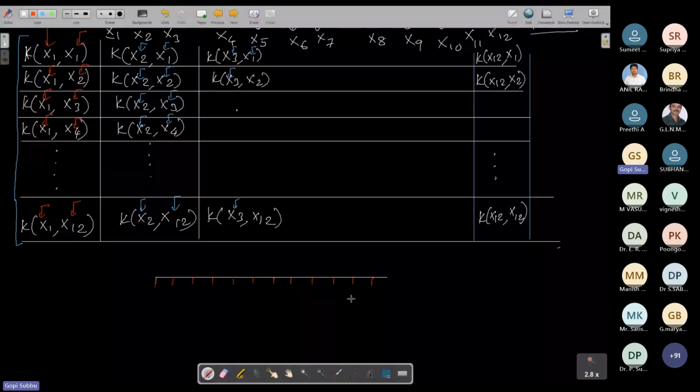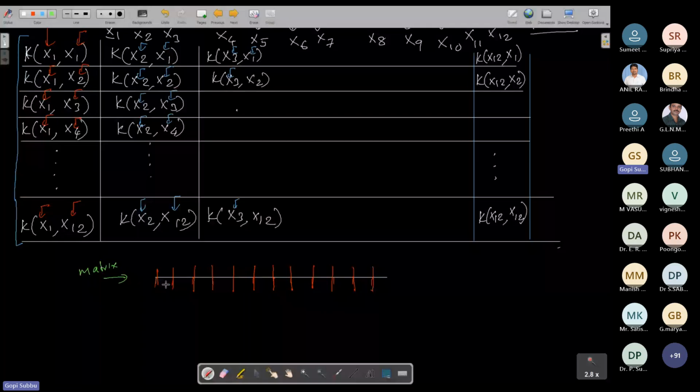I am just representing the matrix in a picture form just for continuing my talk for the next step, right? So this is needed. This is basically the same matrix whatever we had before, and I am arranging it in a pictorial form, right? This is the first column, second column, third column, and so on.